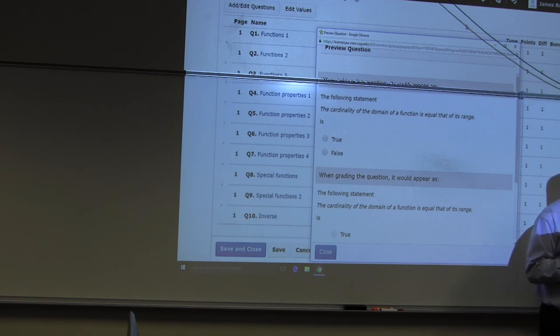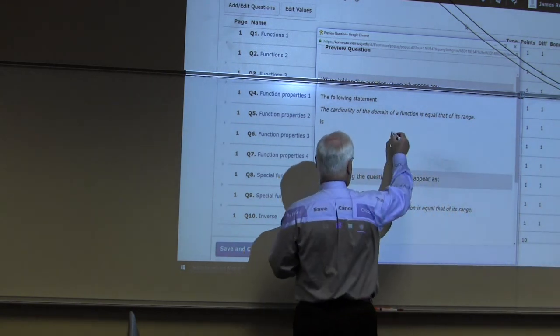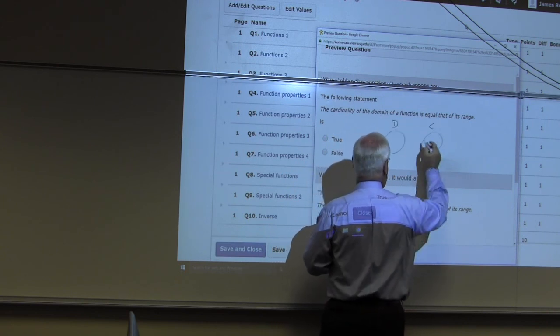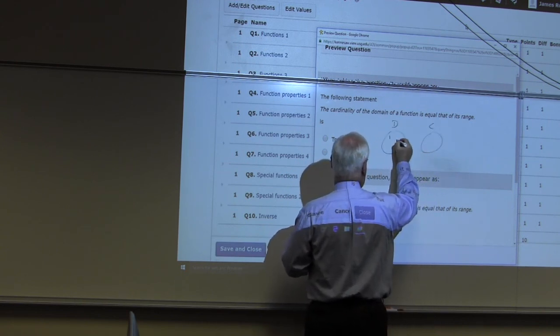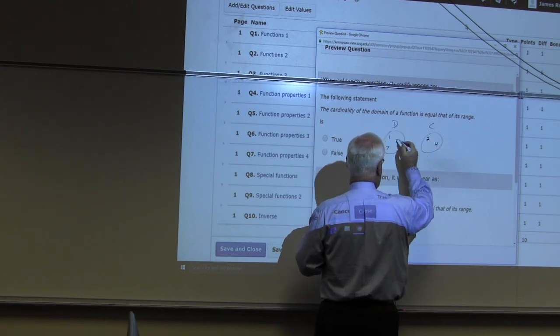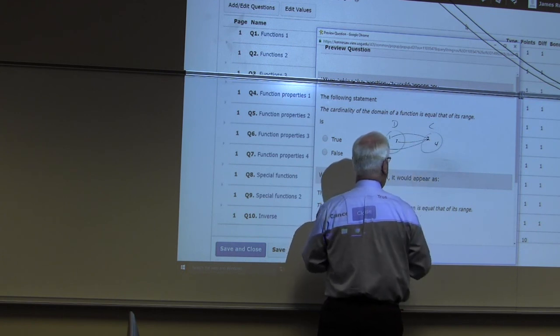Because two elements in the domain could use the same element in the range. Exactly. Okay. Here's the domain, here's the codomain. You could have 1, 3, 7, 2, 4, and you could have this, couldn't you?